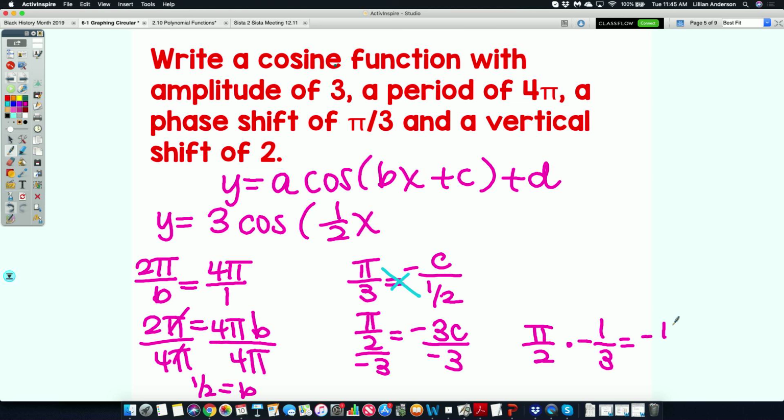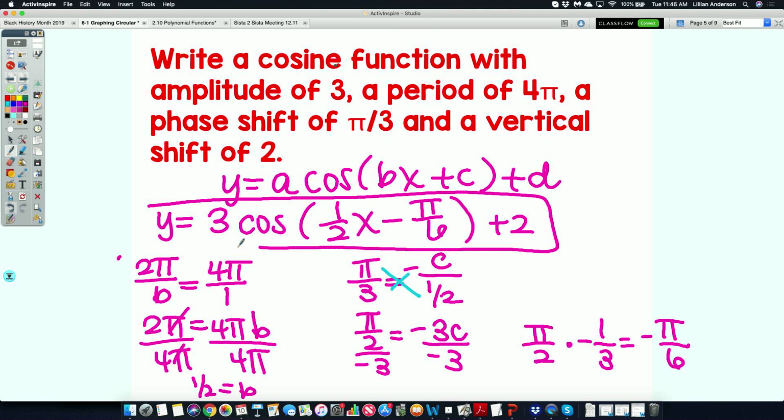So this is negative pi over 6. And let's see. What's my vertical shift? 2. And is that plus or minus? Questions?